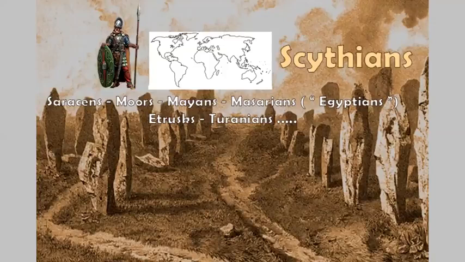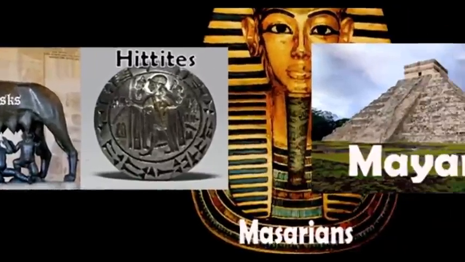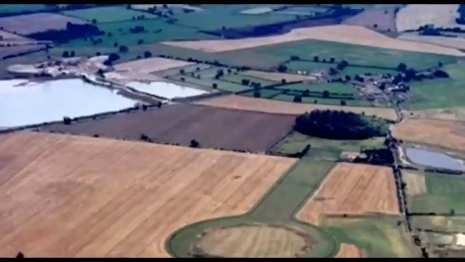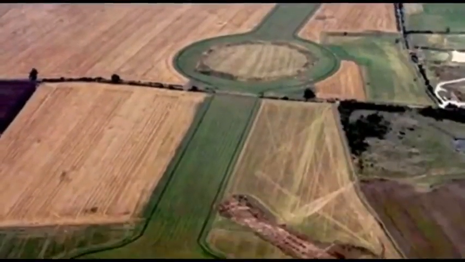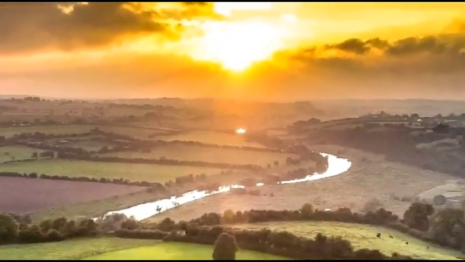Some Turkish viewers drew my attention to Polat Kaya, a Turkish investigator. He came to the conclusion that every known culture and language has an origin in the Turkish language. Turanians were believers of the sky god, sun god and the moon god.